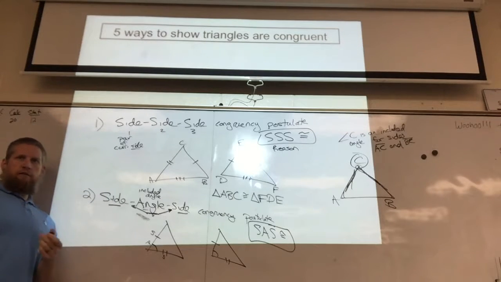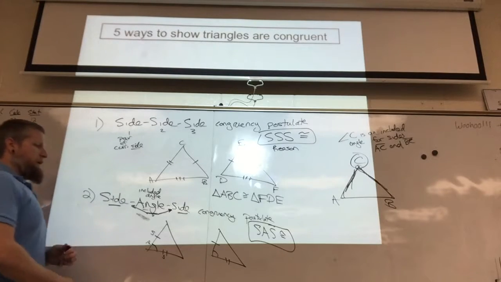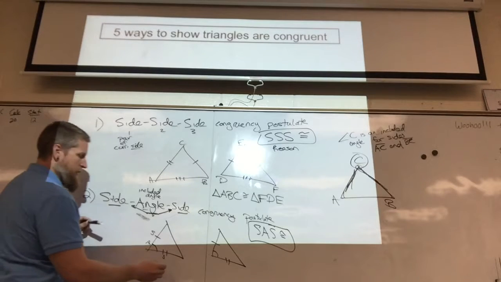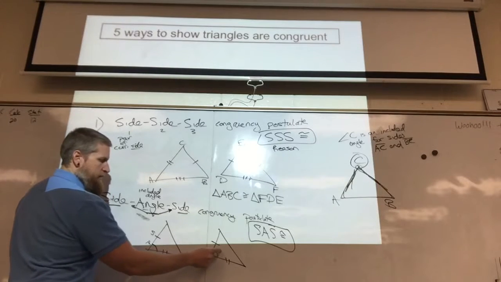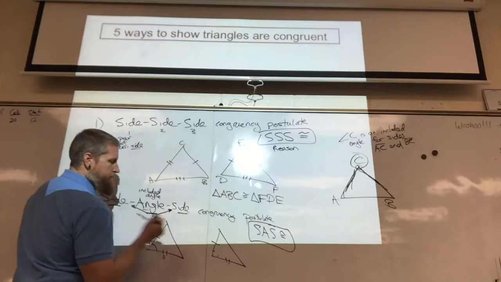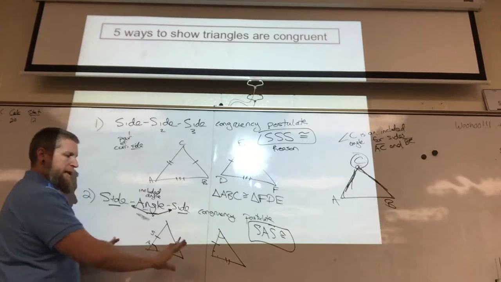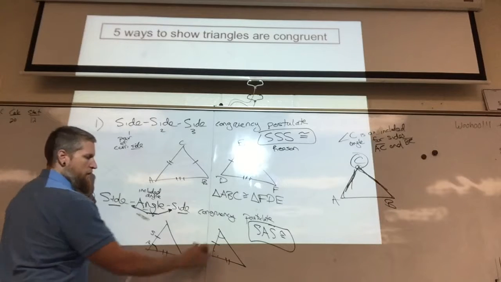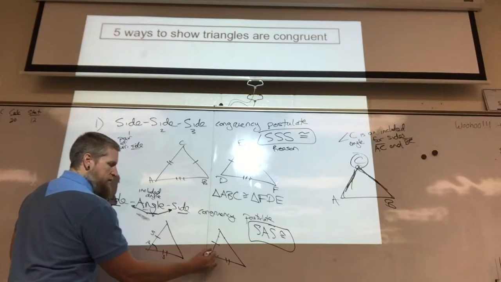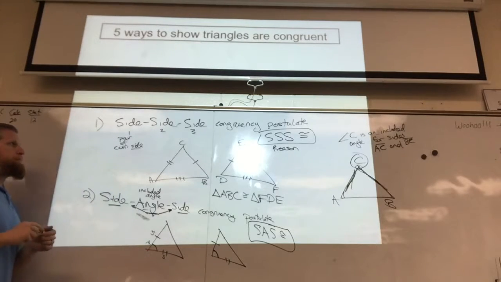If not, you're either not going to be able to do it or there might be another theorem to use. Like if this angle was maybe up there, there'd be no way for me to say that those two are congruent based on what's marked. You just got to make sure that the angle is connected to it.